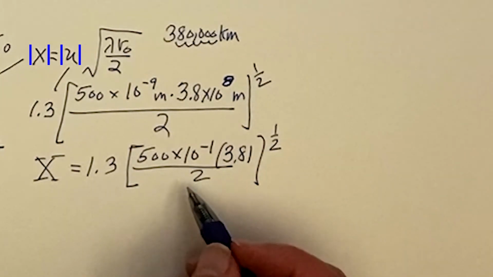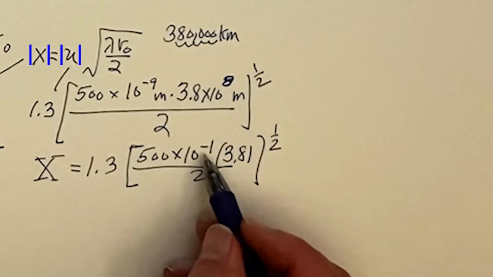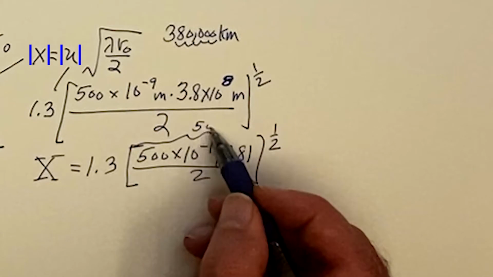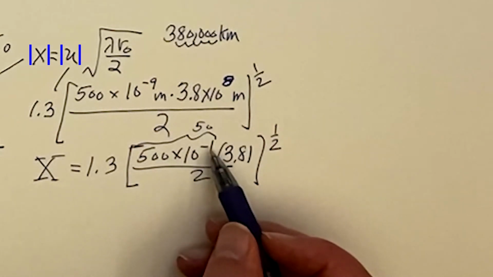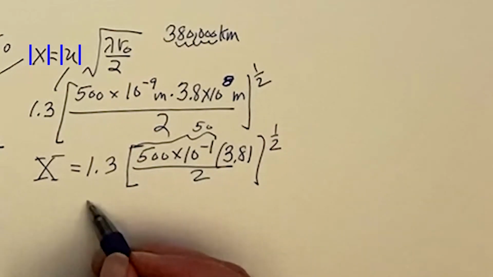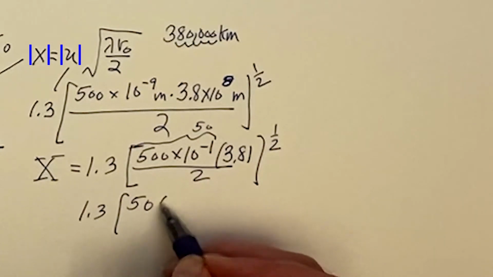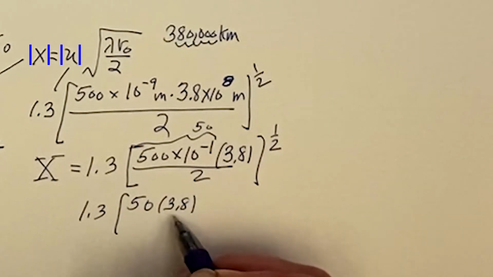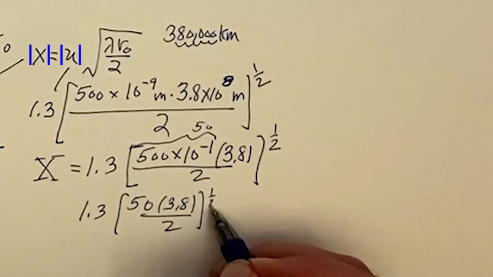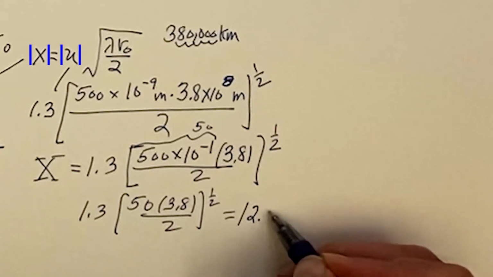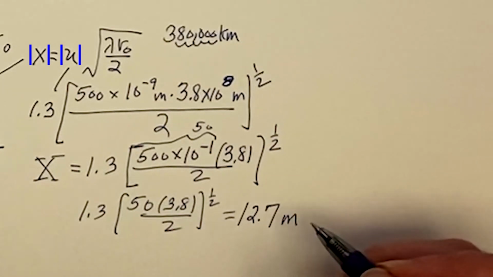And then here, this is going to be 50, when you take 500 and multiply by 1/10. So you have 1.3, you have 50 times 3.8 over 2 to the 1/2 power, and then you're going to get 12.7 meters. That is awesome, all right?